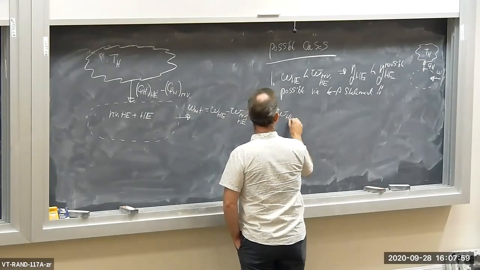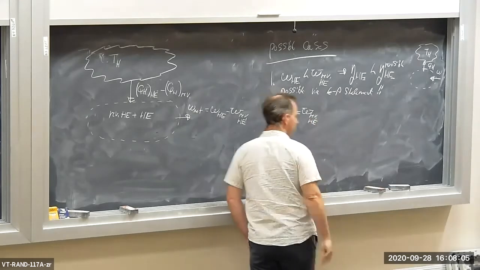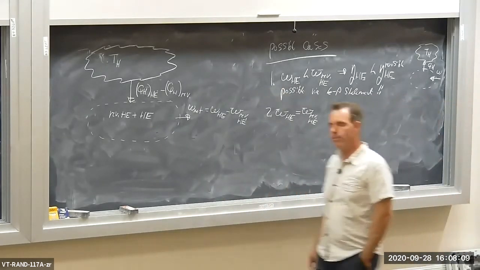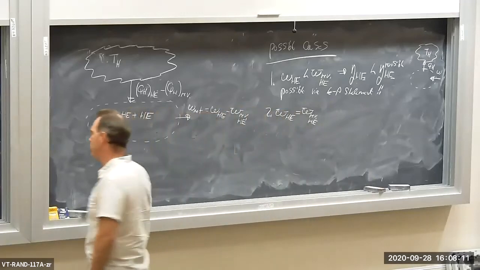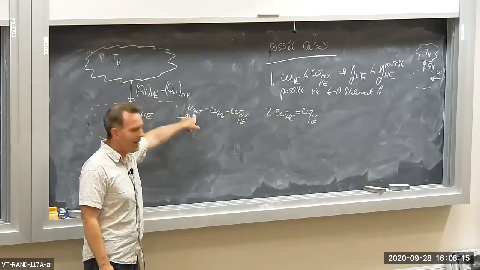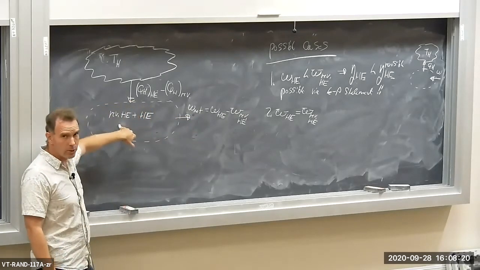W heat engine is equal to W reversible heat engine. The reversible and the regular heat engine produce the same amount of work. That means W net is equal to 0. This device works in a cycle.